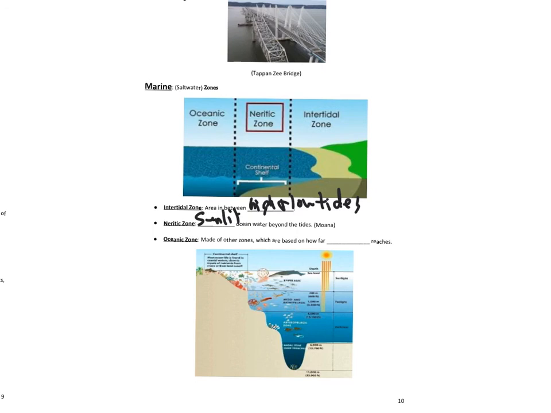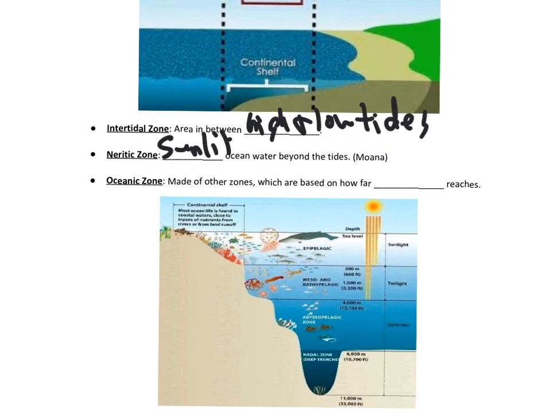She was in the neritic zone at that point. Once she got out beyond the neritic zone, she passed out into the main oceanic zone, which has lots of other zones that you can take a look at in this diagram. All of the names of those zones are based on how far the sunlight reaches. The further down you go, the less the sunlight can get through, and the colder it is, and the more restricted life is, or at least the more adapted that life has to be in order to survive.